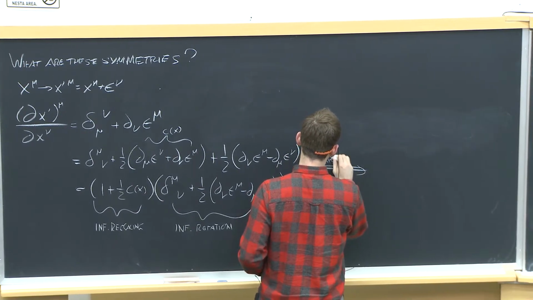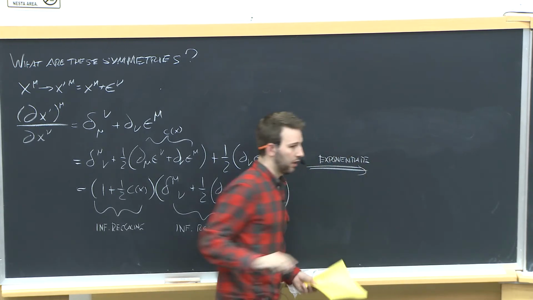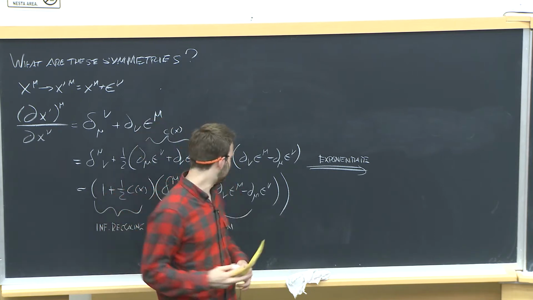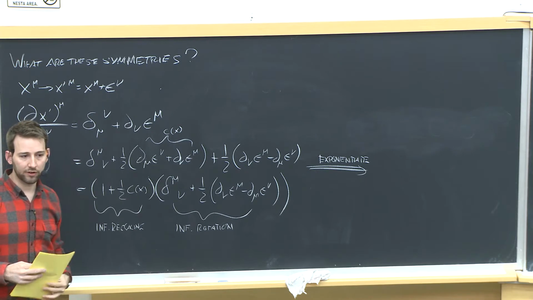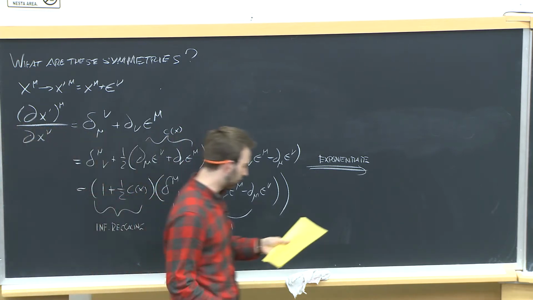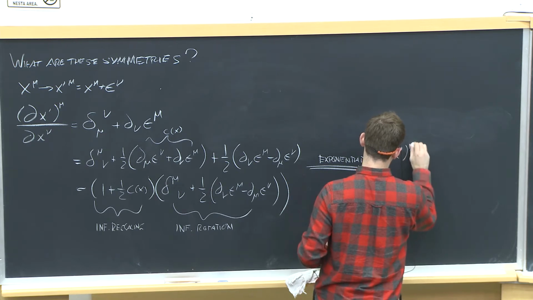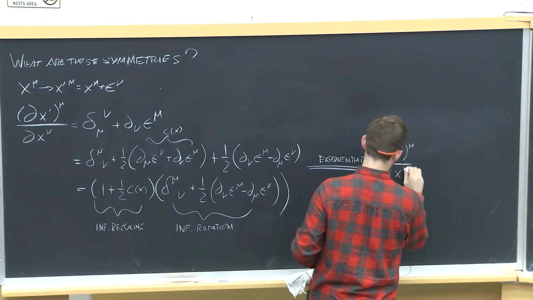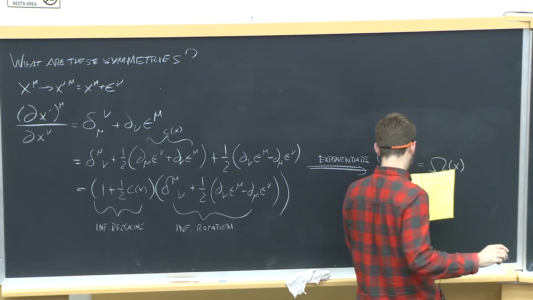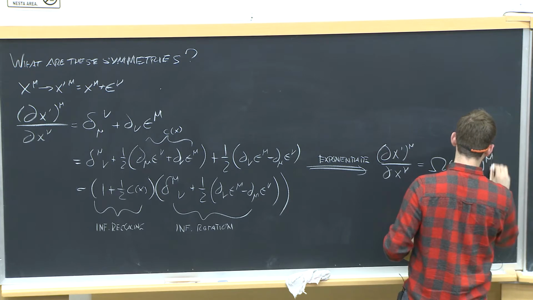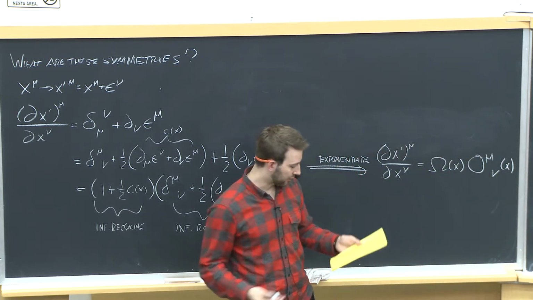And we can exponentiate and write the finite version. So this was for an infinitesimal transformation, but then we can integrate those vector fields and end up with a finite change of coordinates. And in that case, the Jacobian is again a rescaling times a rotation, where now these are finite rescalings and rotations.